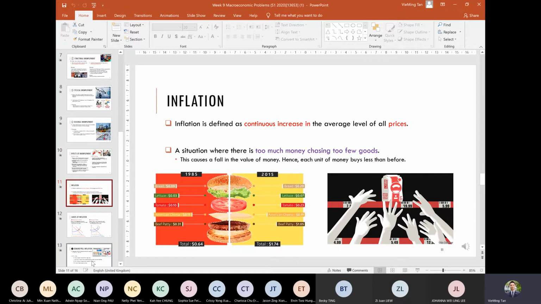This will create the issue whereby there will be too much money chasing too few goods. Why? Because the value of money will be reducing during the inflation time, and people have fewer goods to buy as well during inflation.